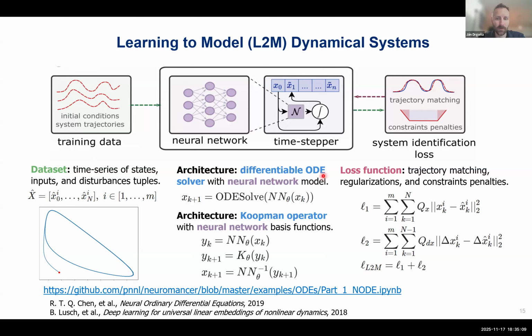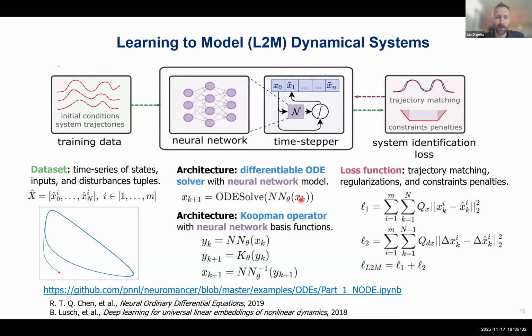So one popular approach is deep or neural ordinary differential equations that want to model a differential equation, but we don't know the differential equation. So on the right-hand side, we use a neural network to represent your x dot equals f of x.